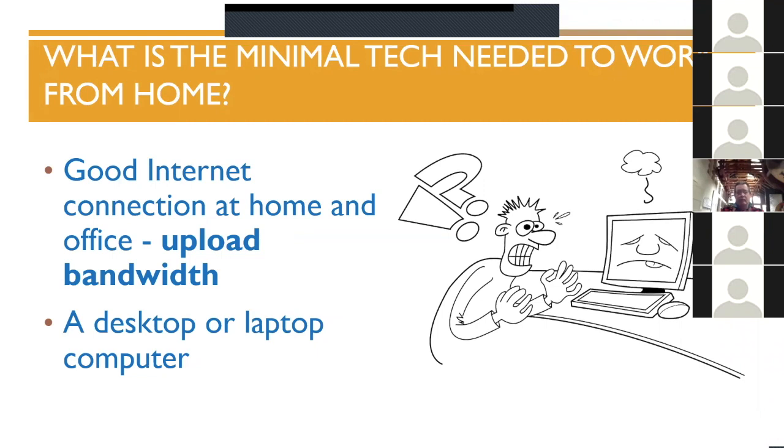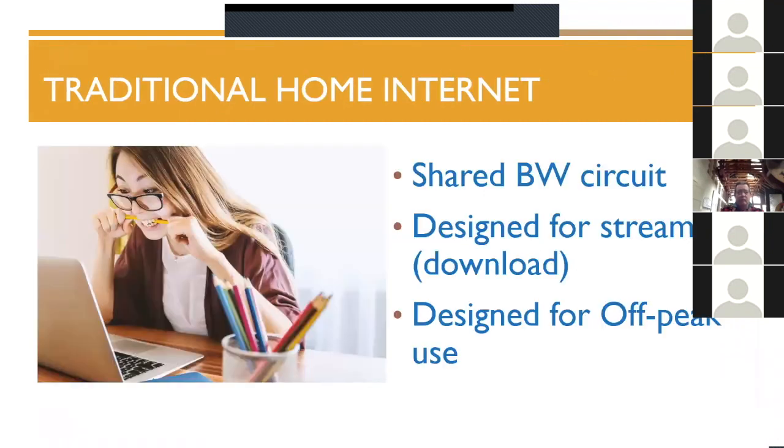We'll cover the internet portion first, and then as we go through the presentation, we'll also look at what type of desktop or laptop we can use, depending on the remote access solution. So traditionally, for the last 20 years, your home internet connection has been what's called a shared bandwidth circuit. So it's not a dedicated circuit. It basically means that you're sharing your bandwidth with everybody who lives in your neighborhood.